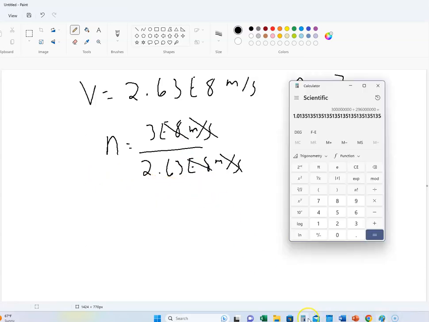So what is that? I don't know. Let's check. Here we go. 3 divided by 2.63. All right, so that's a better one. We'll round it to 2 places past the decimal. So that would be an index of refraction of 1.14.